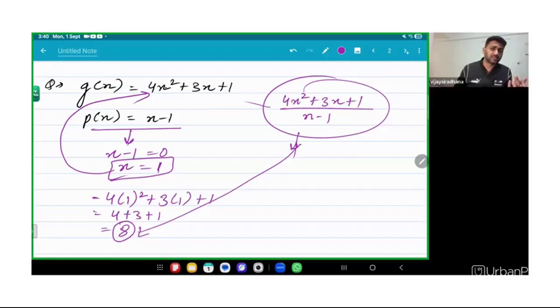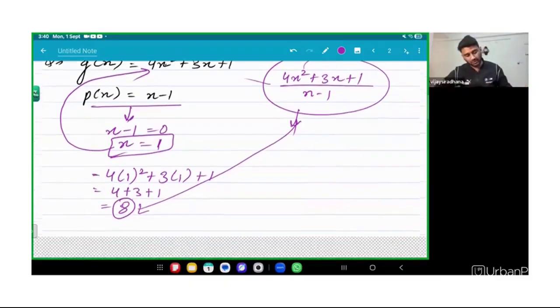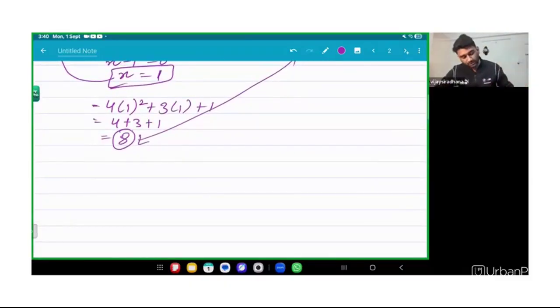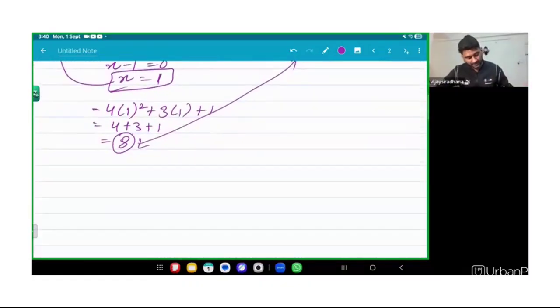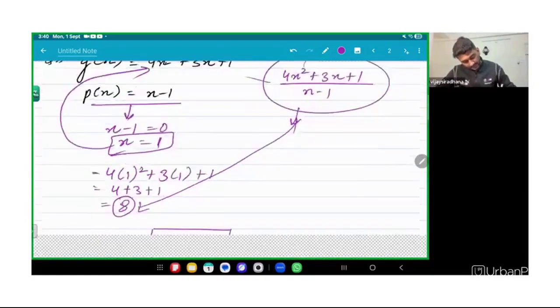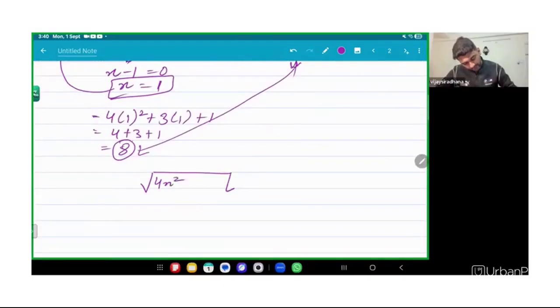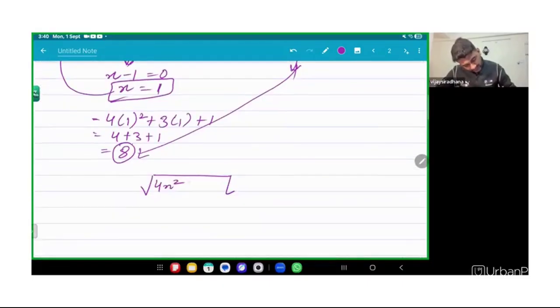So this is how you solve it, and I can also solve it with the division method. Let's verify it. Whenever we divide this, see, 4x square plus 3x plus 1, and this is x minus 1.